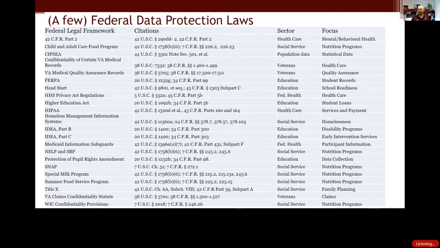To make it even more complex, this is only the federal. At each and every state, there might be a similar list of laws that provide additional protections to different types of data. This is an incredibly complicated space, which is why I wanted to first provide you that very general overview of what you can expect when dealing with data from different sectors.